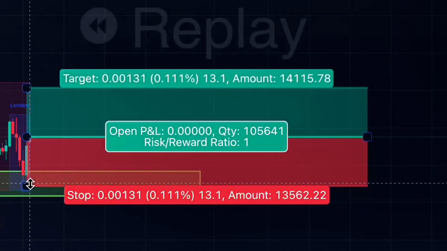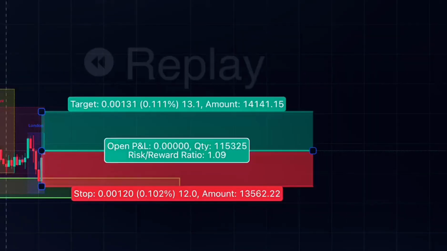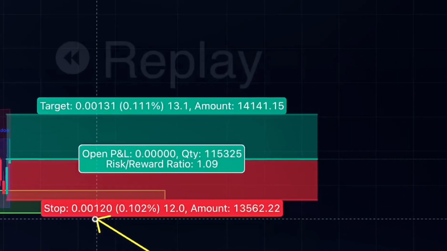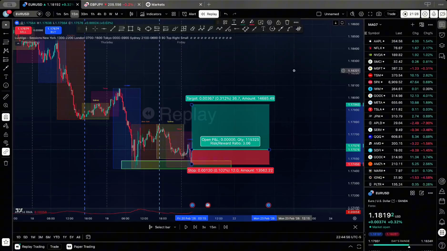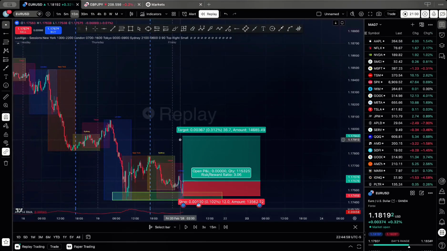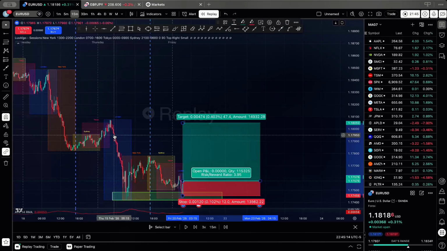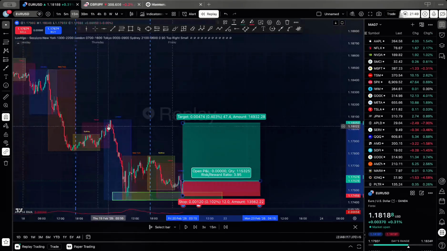So my stop loss over here, as you can see here, is 0.0012. I'm gonna target the next high here, this one here. Okay, where London is, the previous day's highest of London.